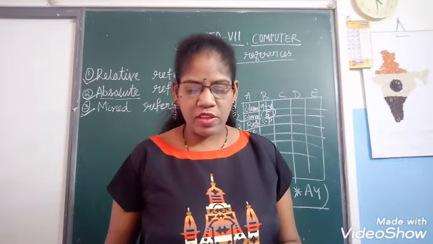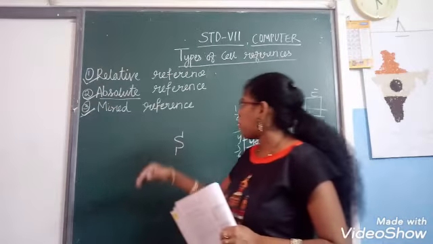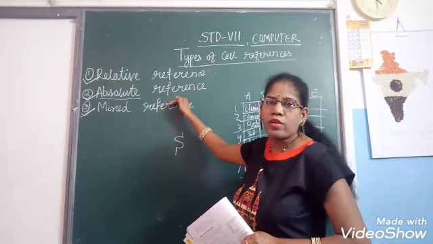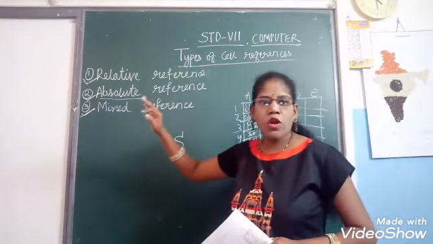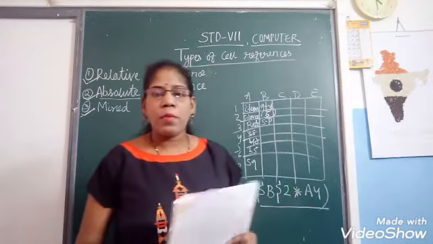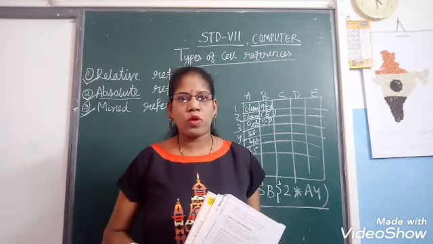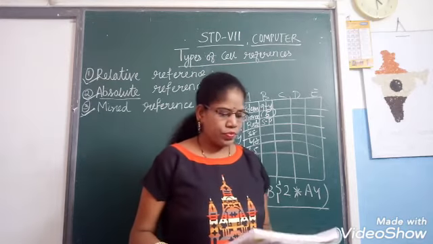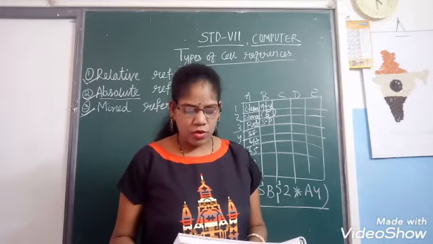Okay, it is a combination of relative and absolute reference. Here we want both column as well as row constant. But in mixed reference we want either the row to be constant or the column to be constant. So therefore we call it a mixed reference.